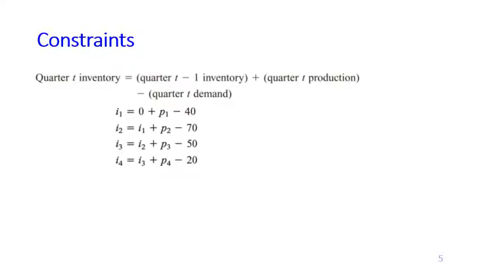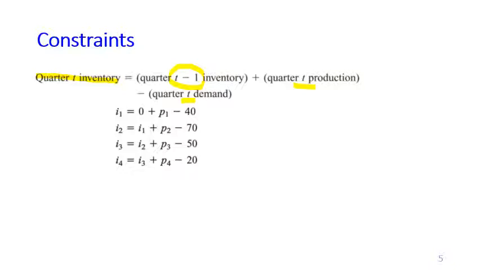The first constraint is that you need to define the balance in the inventory. It means that you need to define the relationship between the ending inventory of the previous quarter and the ending inventory of this quarter. As you've seen before in the multi-period inventory problem, this is how to do it. The ending inventory of this quarter equals the ending inventory of the previous quarter plus how many you produce this quarter minus how many you sell this quarter to fulfill the demand.